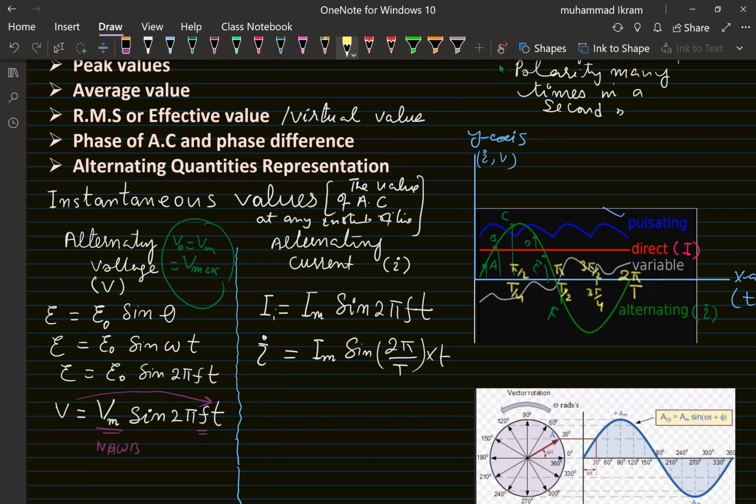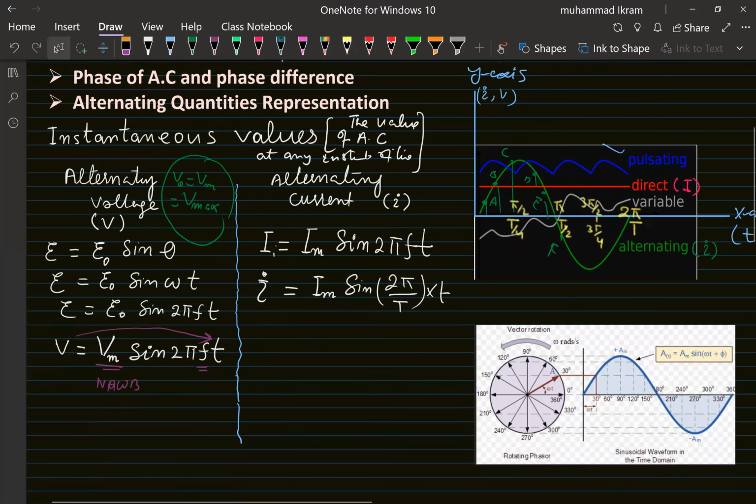So you see, the rest will be divided into this. At any instant of time, for example, your t may take the value 0, so you see what will happen at 0.